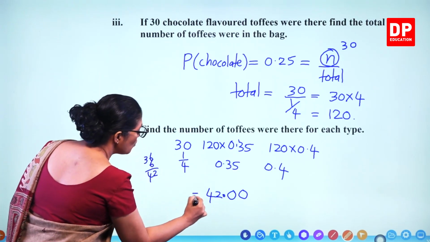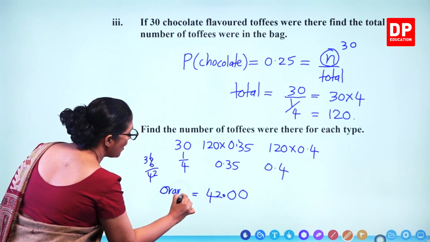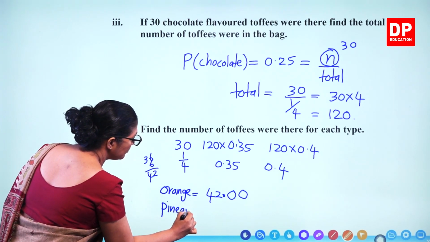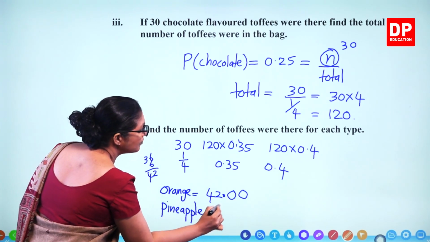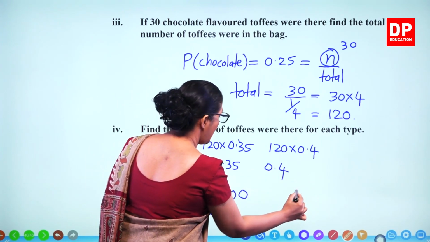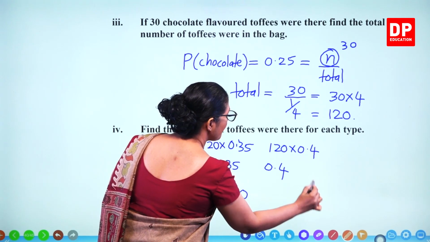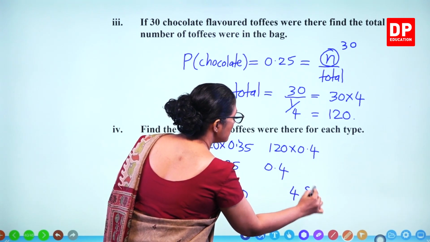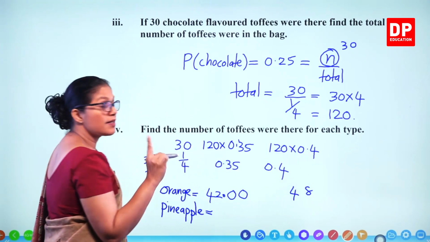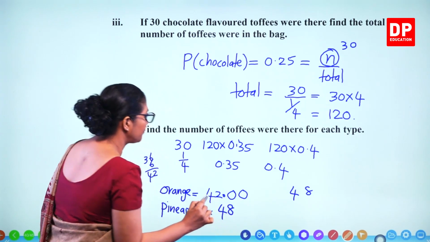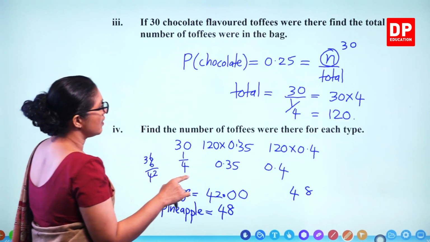So 42 orange flavored ones. And pineapple, 4 times 2, 8. 4 times 1, 4. And here 0 and this point get cancelled out. So 48. And 30 chocolate flavored ones.